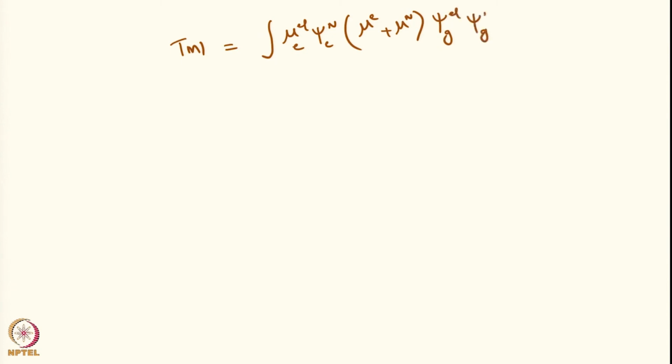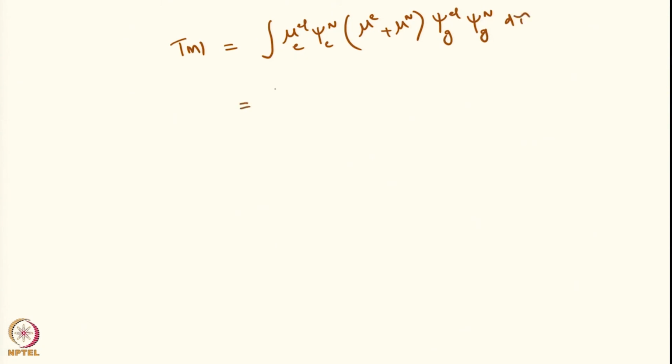So, your TMI can be written as the integral of psi excited electronic, psi excited nuclear, mu e plus mu n, psi ground electronic, psi ground nuclear, d tau.